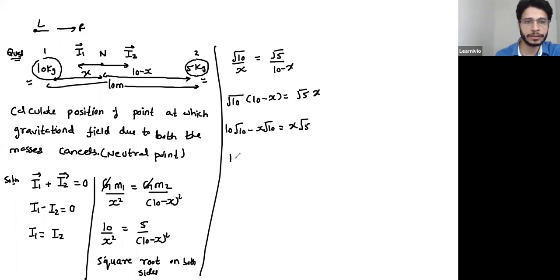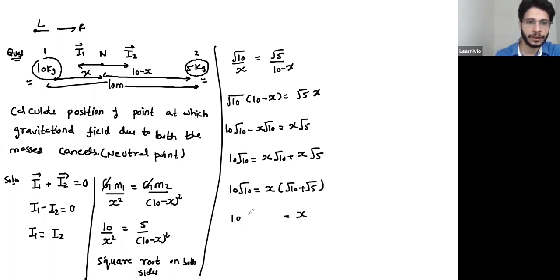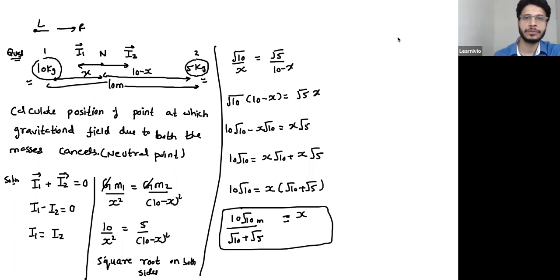I can take this to the right hand side. It's x root 10 plus x root 5. So 10 root 10 is x times (root 10 plus root 5). So your x comes out to be 10 root 10 divided by (root 10 plus root 5). This is the value of x.